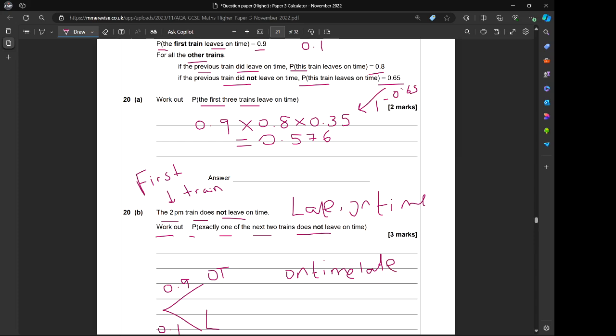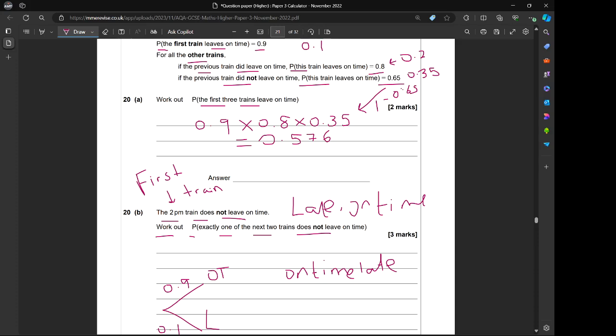So the next two trains here, start with 0.2 there, and that'll be 0.35. 1 minus 0.65.